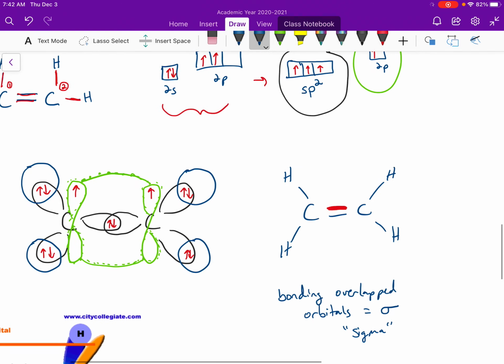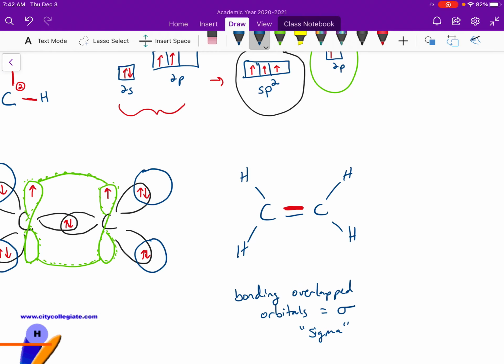Okay? We call the extra overlapping p orbitals, we call them pi bonds. So these are sigma bonds. These are pi bonds. Okay?